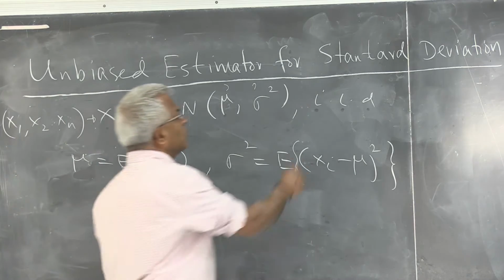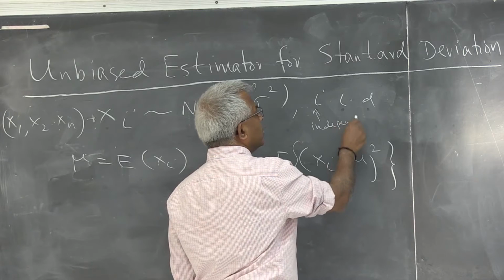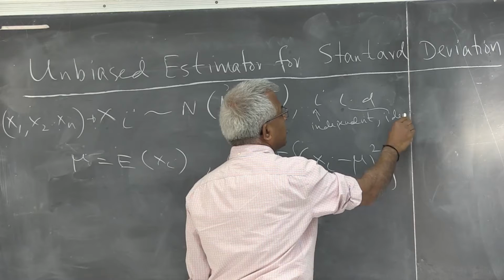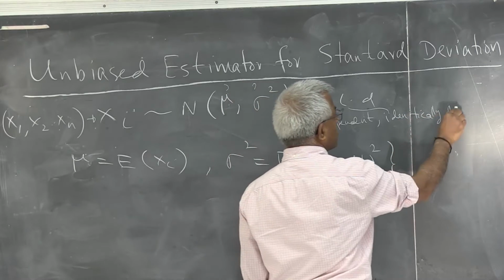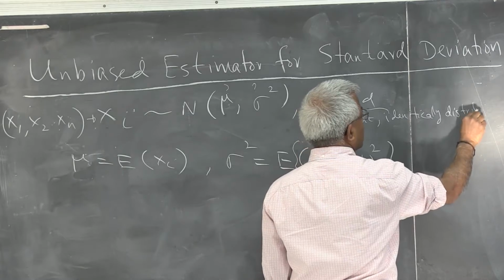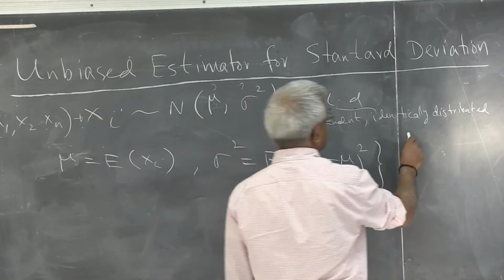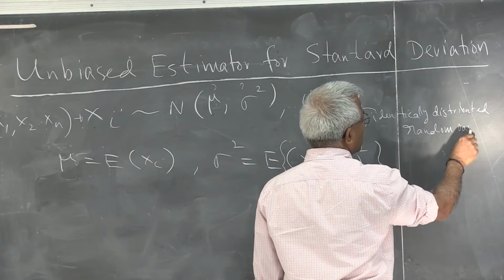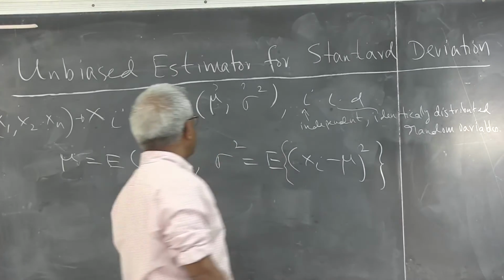IID stands for independent, and the second I is for identically distributed random variables. So they all have common mean mu and common variance sigma squared.